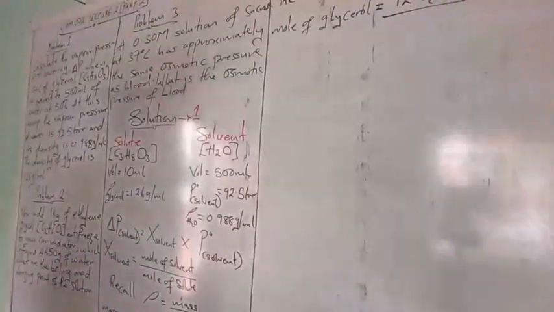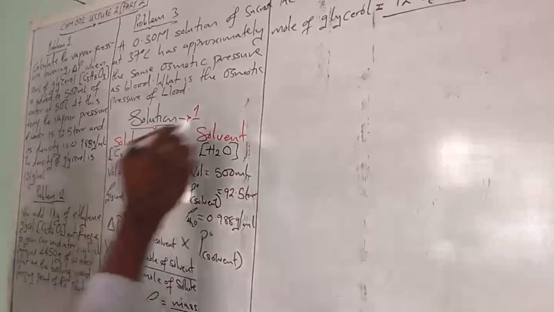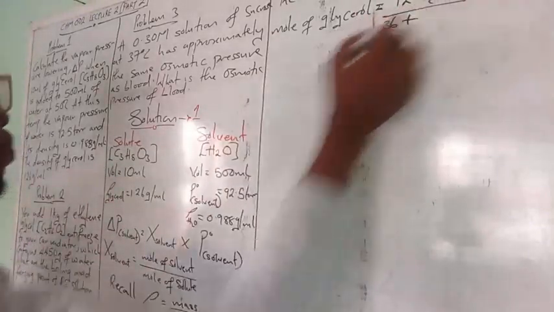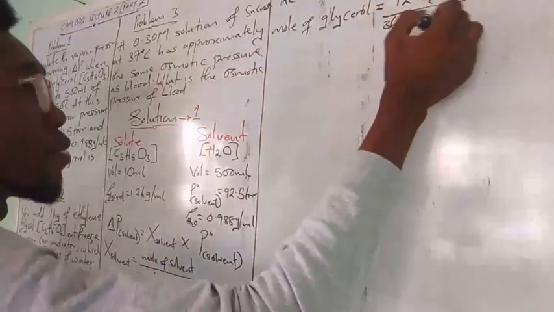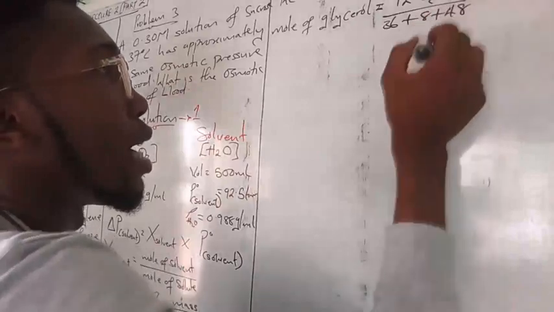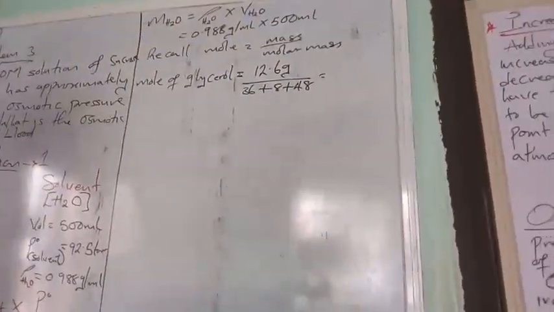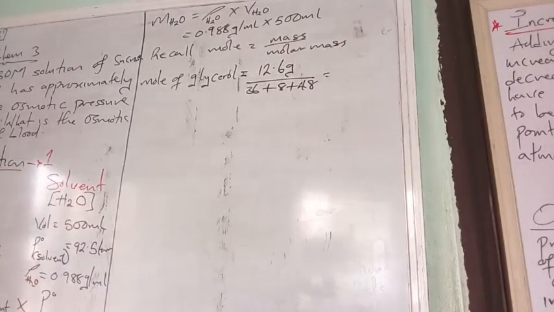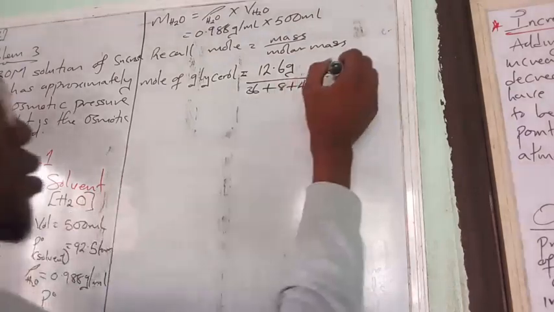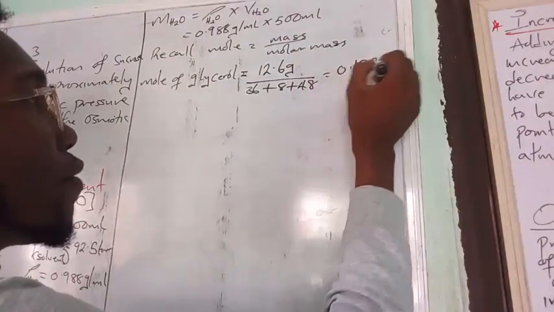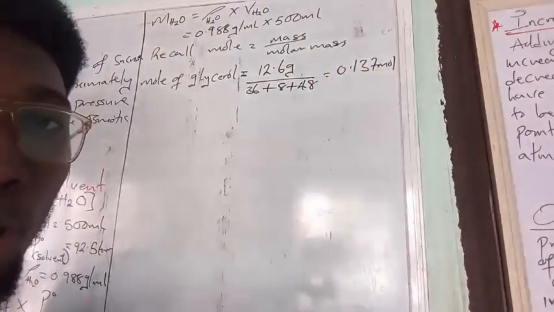We know the formula of glycerol, C3H8O3. So that's C3, 12 times 3, 36, plus 8, that's 1 times 8, 8, plus oxygen, 16 times 3, 48. When you put that in your calculator, you get the mole: 0.137 mole. So that's the mole of glycerol.